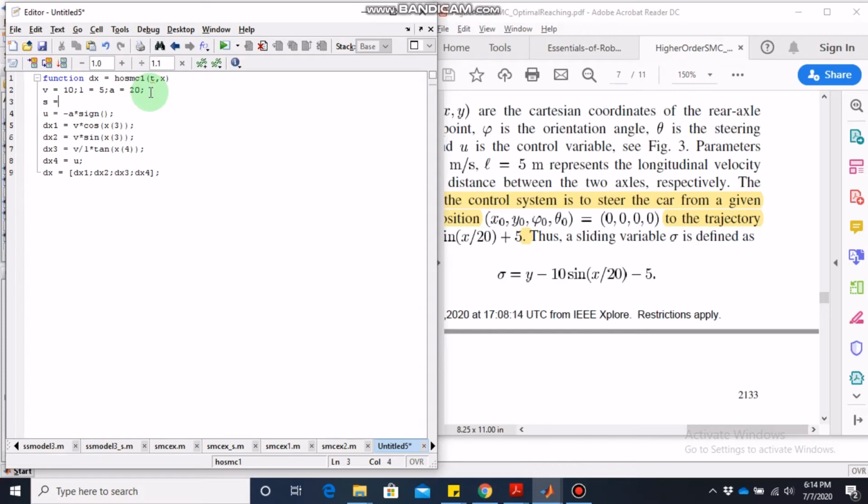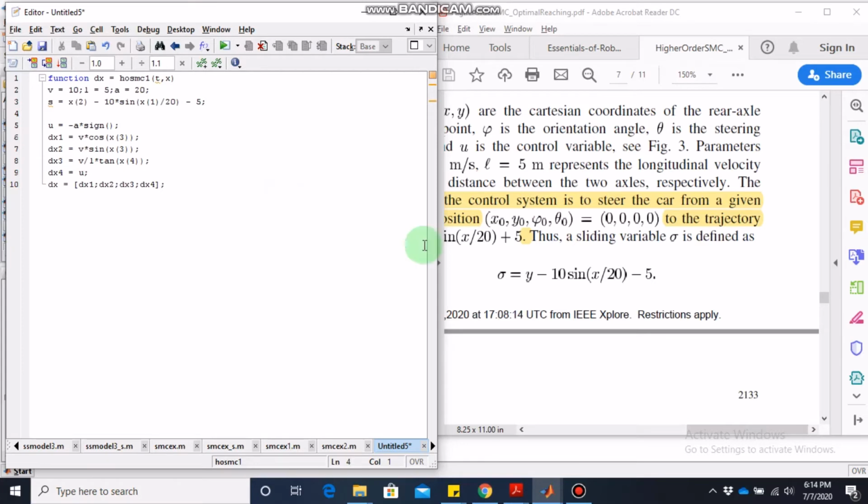S is equal to y. So y in our case is second state variable, which is x2. So x2 minus 10 times sine of x, which in our case is x1, that's our state variable in the code, divided by 20 and minus 5. That is our sliding surface that is defined in the paper.